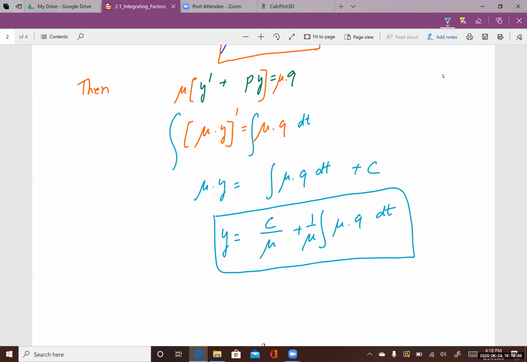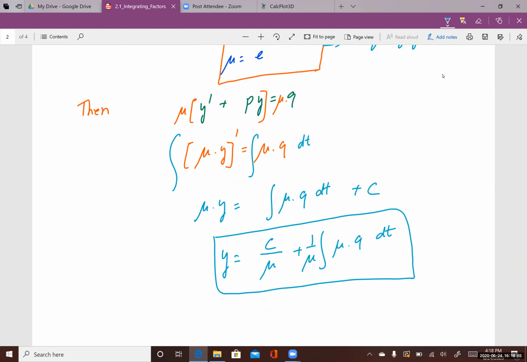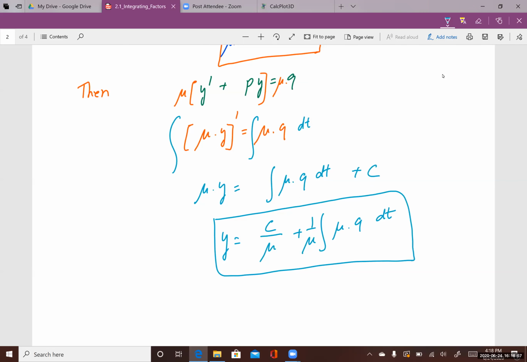I have mu, which is the function that I found using the integral of p of t. It involves a constant. When you're finding a general solution, this is just a general solution for the differential equation, so you always have a constant here. It involves the integrating factor, and it involves q of t.